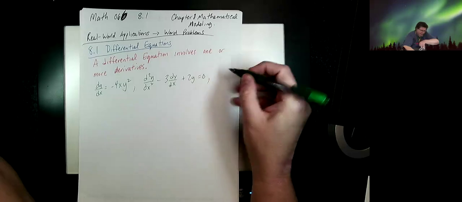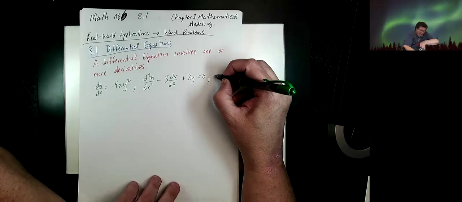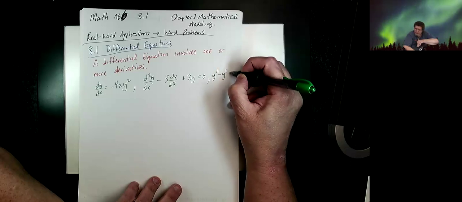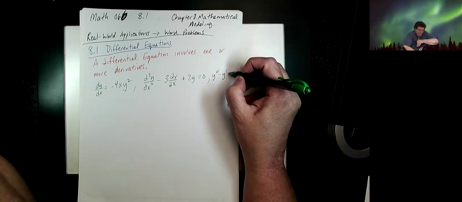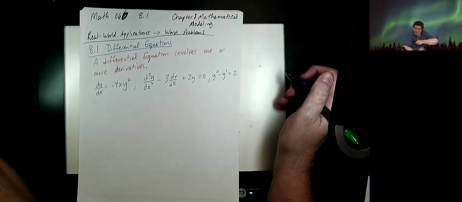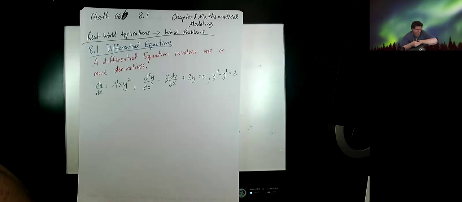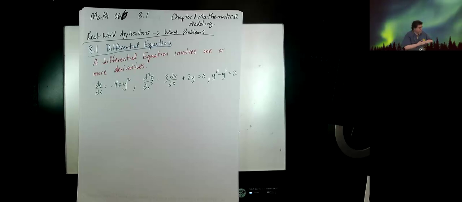Sometimes we don't even have y in it. It could be just like y double prime minus y prime is like 2. These are all examples. A derivative might be written as dy dx or d something, or it might just be listed with the prime notation.